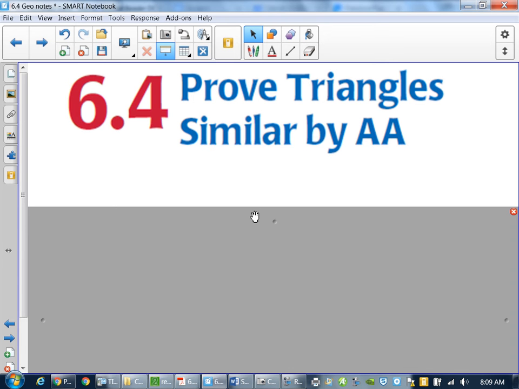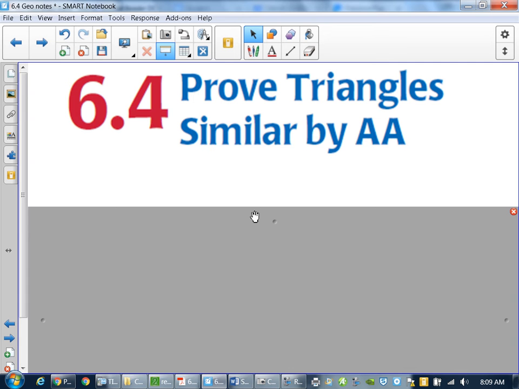We had to show some of that alphabet soup. This is kind of the same idea: you don't have to show that all the angles are congruent and all the sides are proportional to say that they are similar. We're just going to show it by a couple of parts.